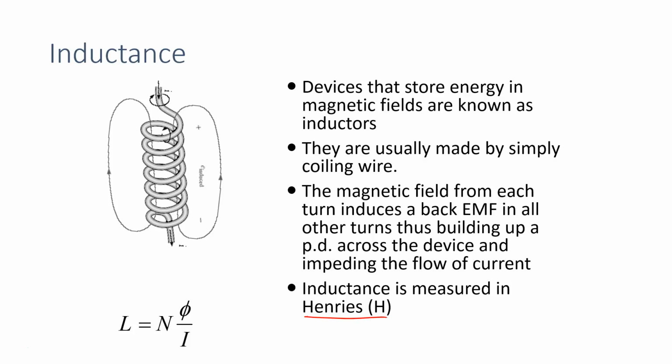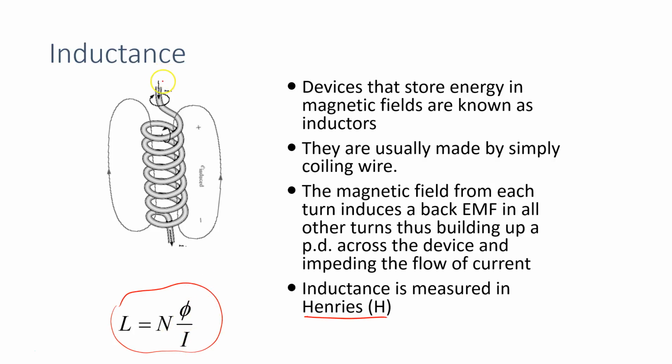Now, one of the relationships that you should keep in mind here is that since the inductance is related to the flux, the equation that relates them is L is equal to N phi on I. N is the number of turns in the coil, phi is the flux produced by each turn, and I is the current.